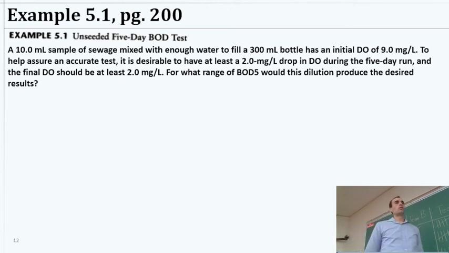So essentially, what range of wastewater strength are we talking about here? And I'll just write that as a high mark and a low mark.